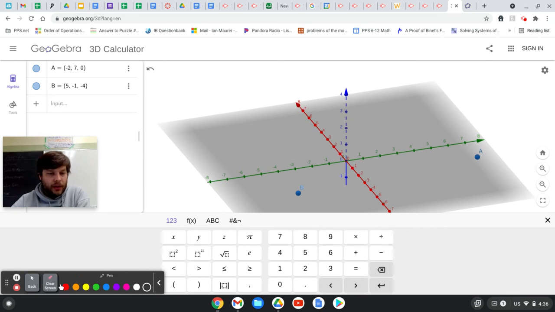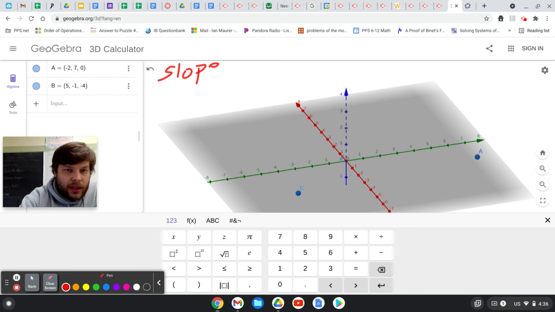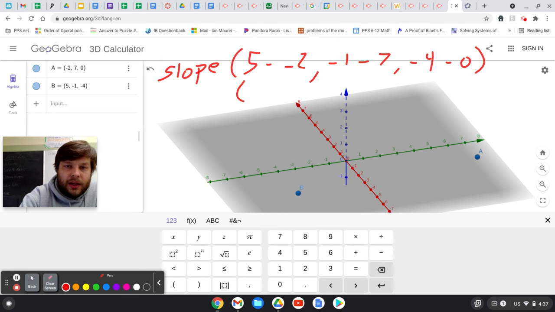So let's go through the work here. What is my direction vector? My direction vector, essentially my slope, is 5 minus negative 2, negative 1 minus 7, negative 4 minus 0. So that becomes 7, negative 8, negative 4.